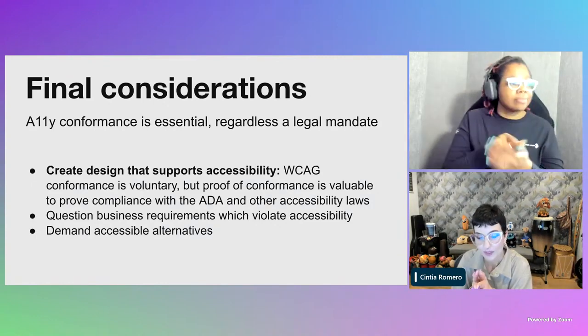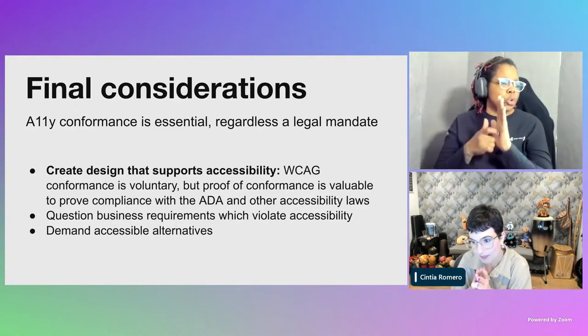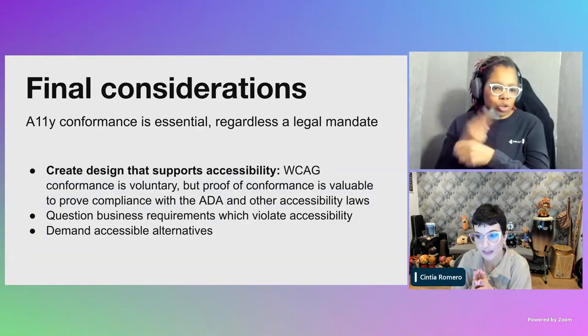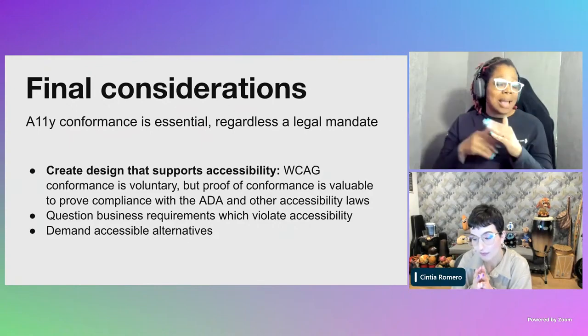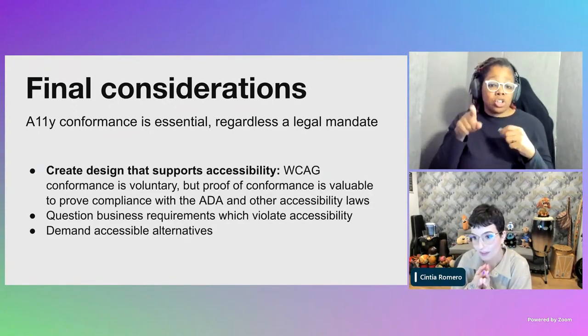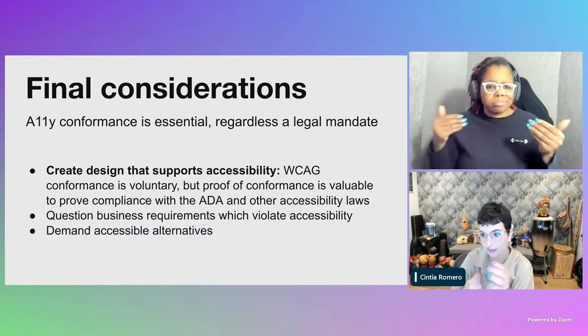And you can question business requirements which violate accessibility. It's your job to advocate for the user and demand accessible alternatives. If you have any idea that you could improve the product and make it more inclusive and accessible, go for it. You should do that.